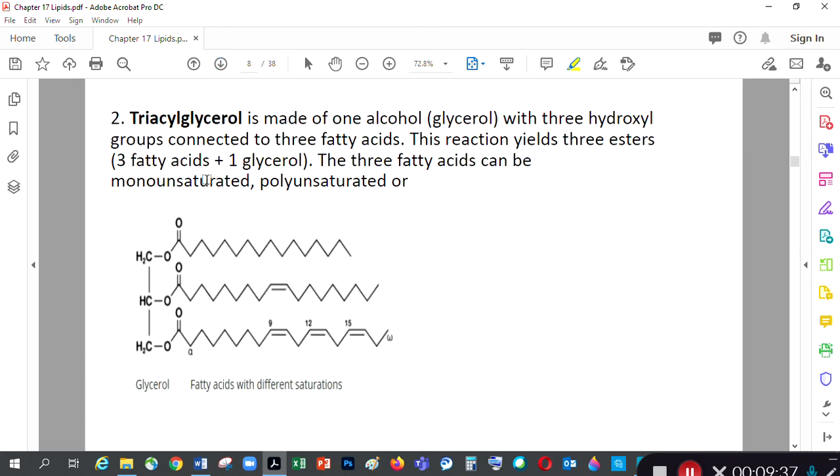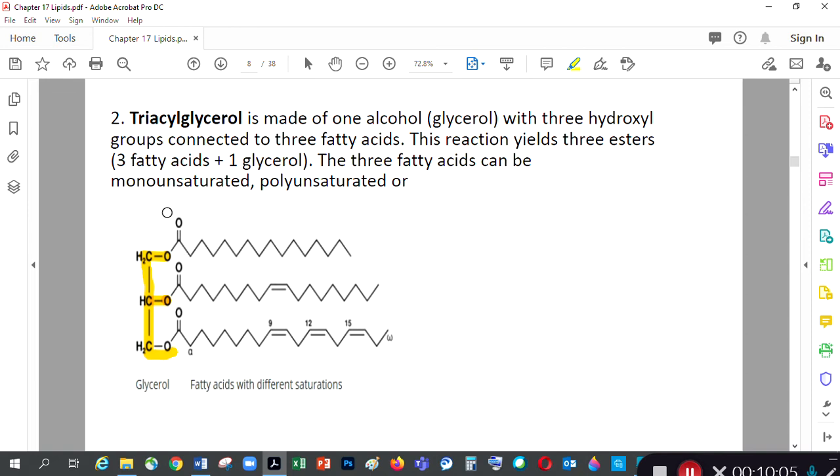The second one, triacylglycerol. Now, this one here, you will see that this is a glycerol here, correct? Glycerol has 3 hydroxy groups, and this is an ester again.